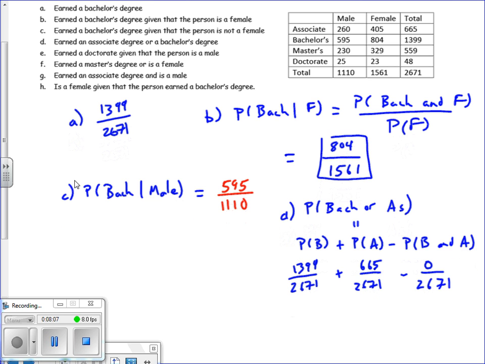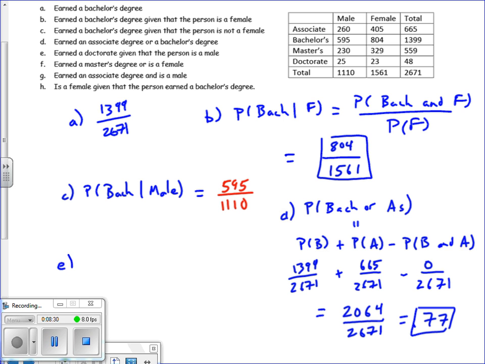But 1399 plus 665 will end up being 2064 out of 2761. And for those of you that really like to put things in terms of decimals, here you go, 0.77. So about 77% of the people earned one or the other.